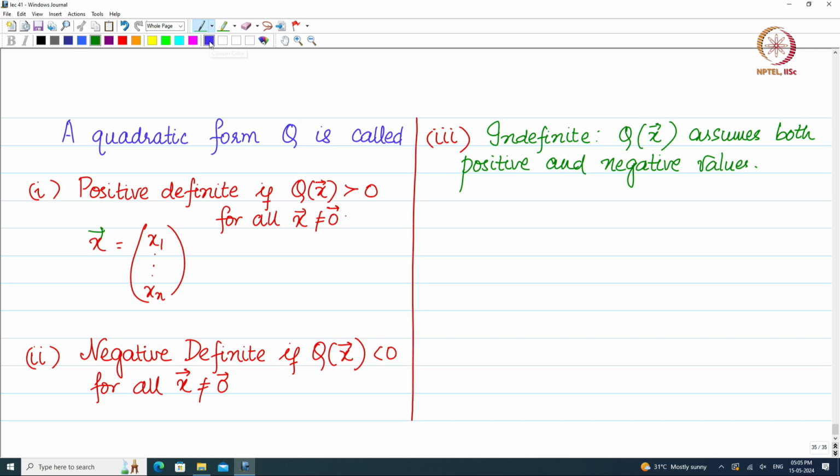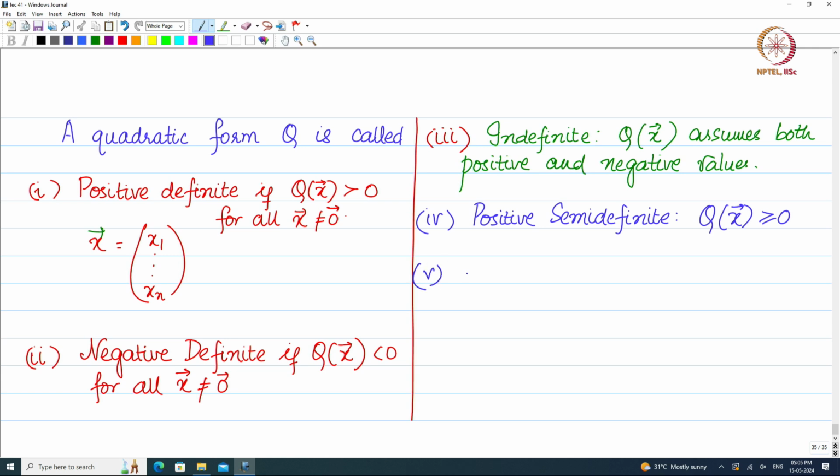And there is something more. We say positive semi-definite if Q of x also takes the value 0, so Q of x is greater than or equal to 0.